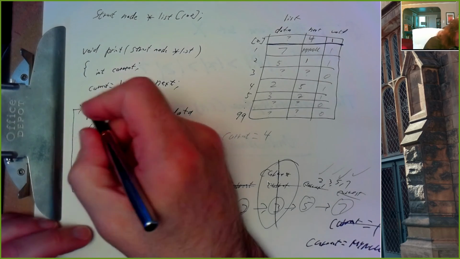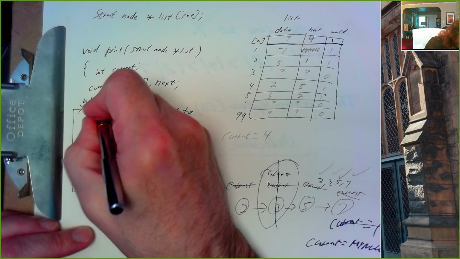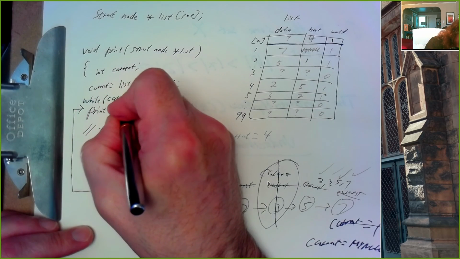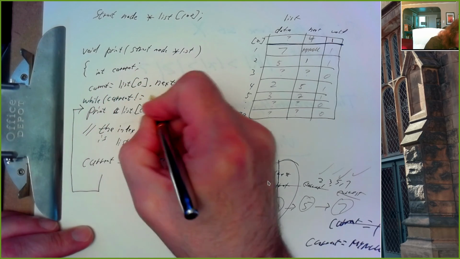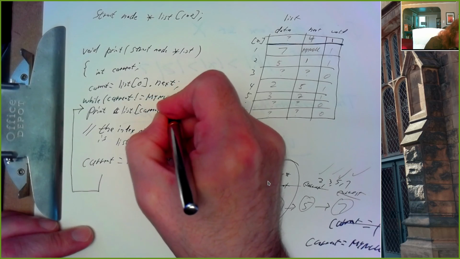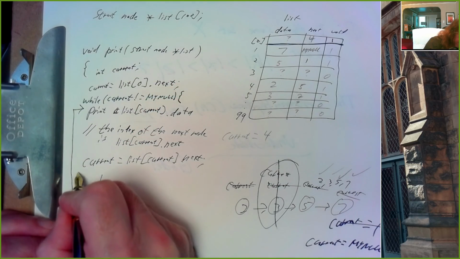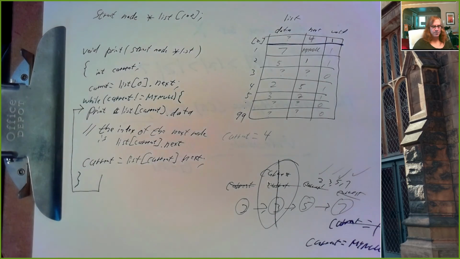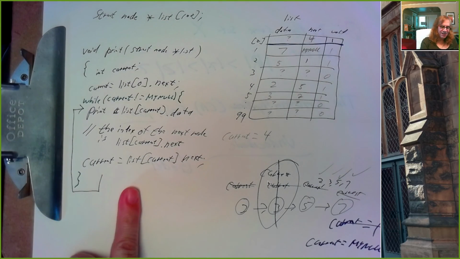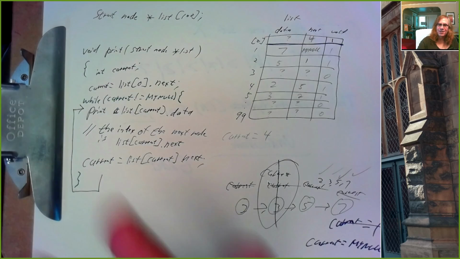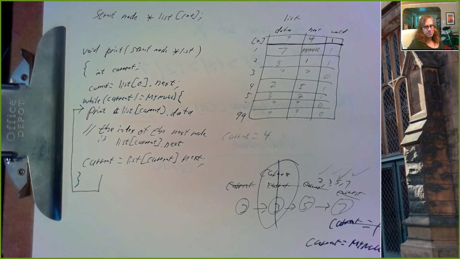So let's just write that. And now we've got our loop in there, but after current gets a new value, if it's equal to my null, it will exit the loop. And bonus, what happens if your list is empty to begin with?